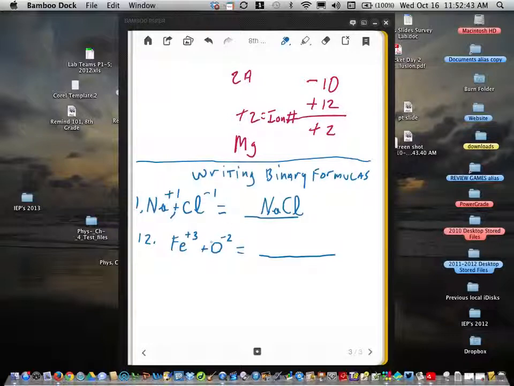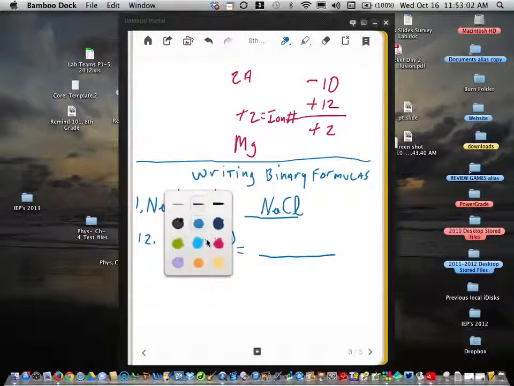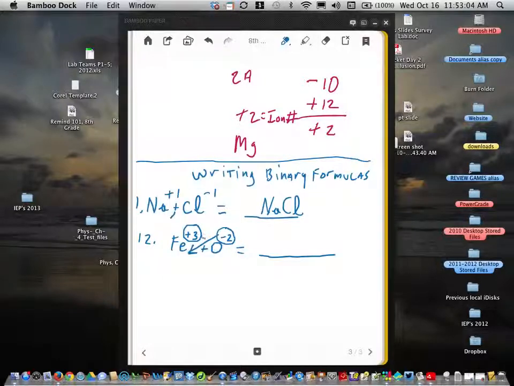You're going to cross over and drop down the ion numbers, and what that means is that you take this ion number, cross it over and drop it down to the iron as a subscript, and drop the charge. And you're going to take this 3, cross it over and drop it down as a subscript to the oxygen, so that these two are separate.